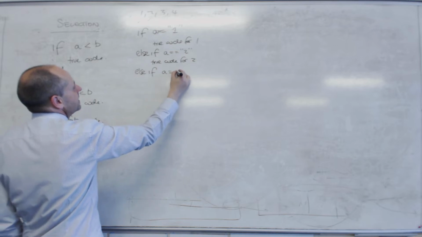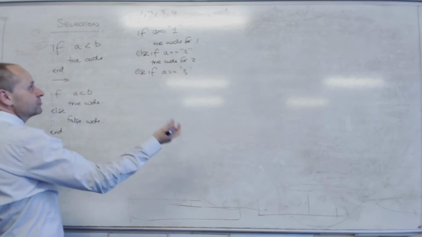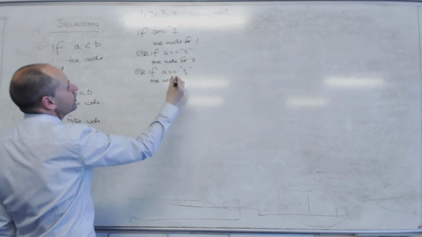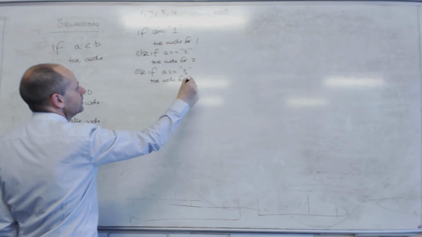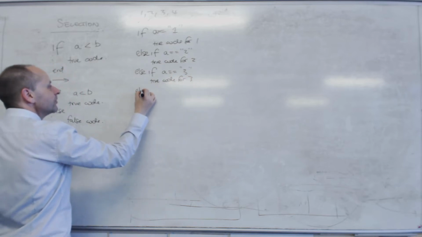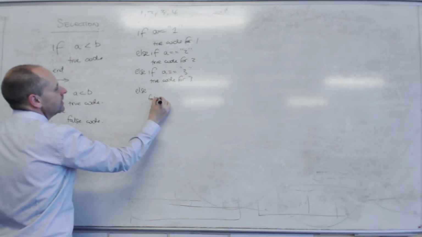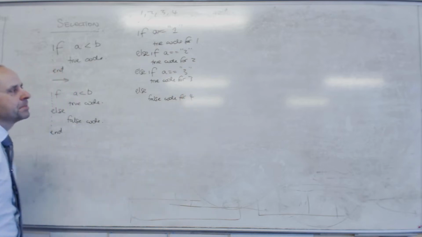Let's test to see if it's 3. If that's true, I'll do the true code for 3. Now, I've only got one other alternative, so I can just put else. And then the false code is going to execute the stuff for 4.